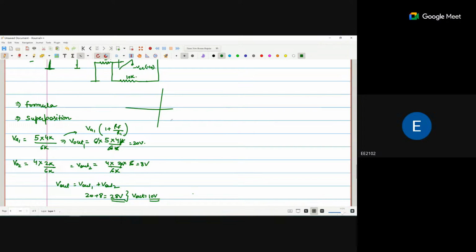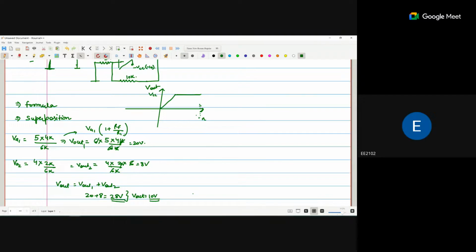If I draw the curve, this is the V in and this is the V out. If you increase the V in, your V out increases, but after a point, and that point is plus VCC, your output is constant. If you further increase the input voltage, your output stays constant.